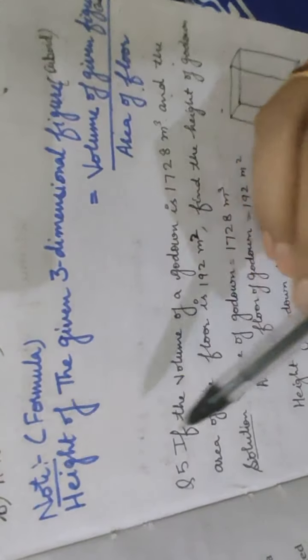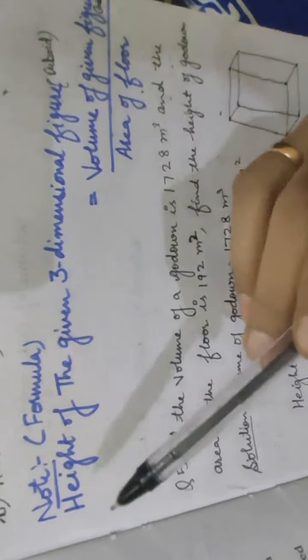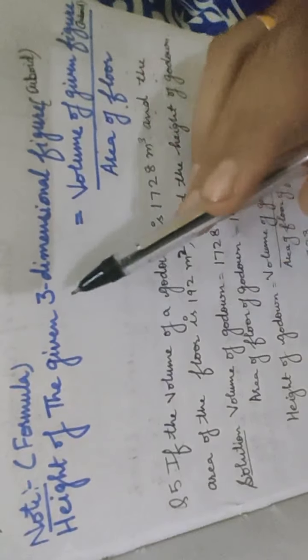Now students, before starting question number 5, we will write the formula: how to find the height of the given three-dimensional figure. If a cuboid is given, then the height will be equal to the volume of the given cuboid divided by the area of the floor.